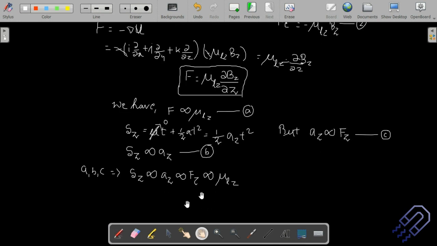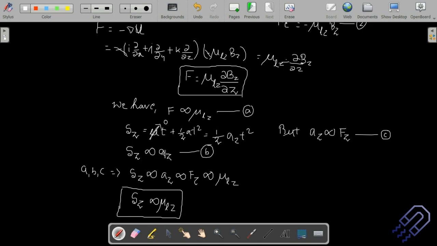So that means that the deflection that we have is directly proportional to the magnetic moment. This is a very important conclusion, because sometimes it's a bit confusing why does it deflect more if the magnetic moment is more. This is the reason we have concluded from this.